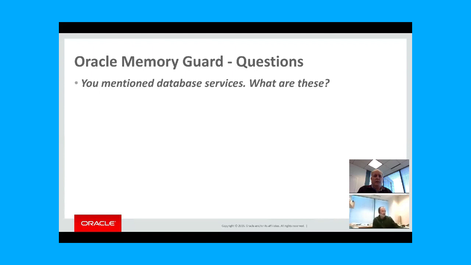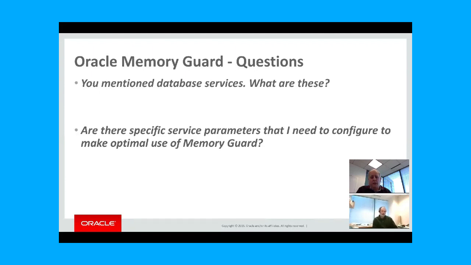So are there any specific parameters that you need to configure for services when using memory guard, or to make optimum use of memory guard? Generally, no. Memory guard is fairly graceful in its action, so you don't need to do anything particularly different with the services configuration or parameters.